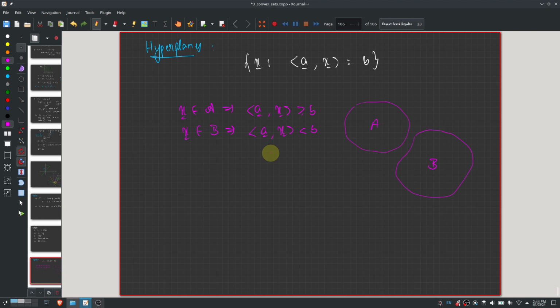If something like this exists, then it is called a separating hyperplane. So if it is possible to have such an a and b, then the following set, the hyperplane, is called a separating hyperplane.